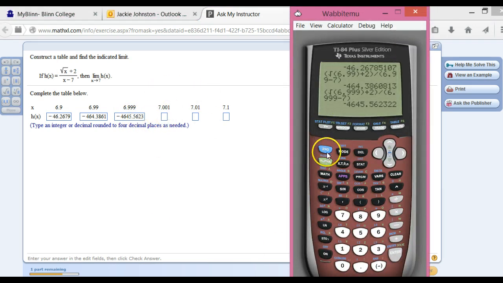All right, let's look for 7.001. So I'm going to go second entry, so I just don't have to create all that again. And this time let's just do 7.001, and then I'm going to scroll over and put in 7.001.